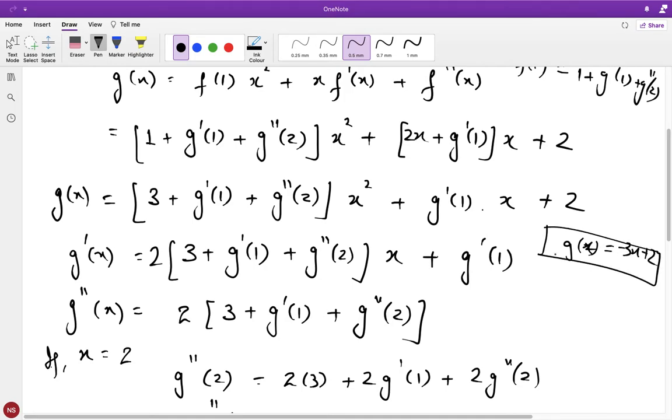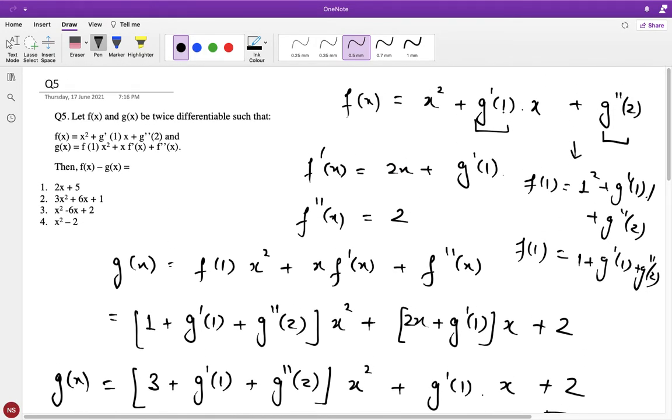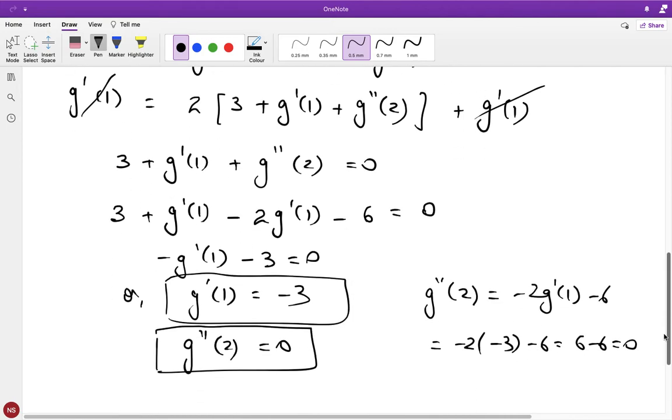This is gx, minus 3x plus 2. And what is fx? This is minus 3 and this is 0. So x square minus 3x. x square minus 3x is fx, and minus 3x plus 2 is gx.